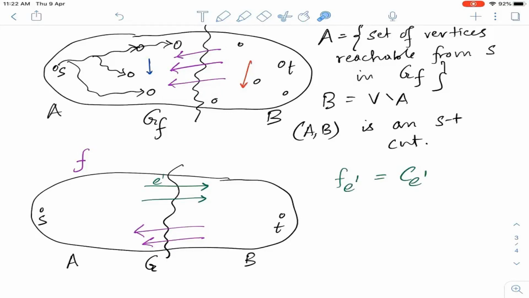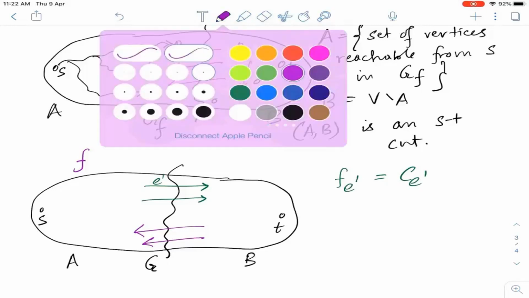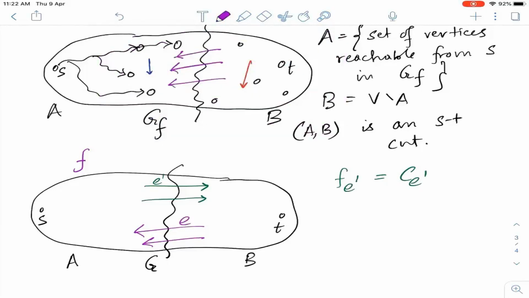So all the green edges in this graph would be saturated. There cannot be any residual capacity left on these edges. Good. Now let's see, what can I say about an edge, let's say e double prime? What can I say about this edge with respect to the flow f?